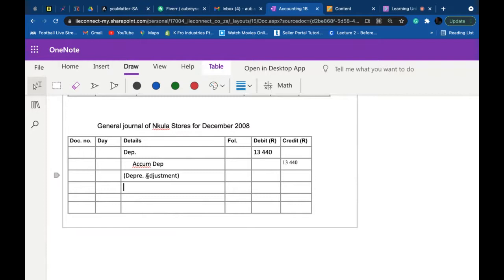Okay, then here we're closing it off. Again, we're saying profit and loss, we're debiting that amount. And here we're saying depreciation. Okay, and here our narration will be closing transfer. Okay, this we are saying 13,440 and 13,440.